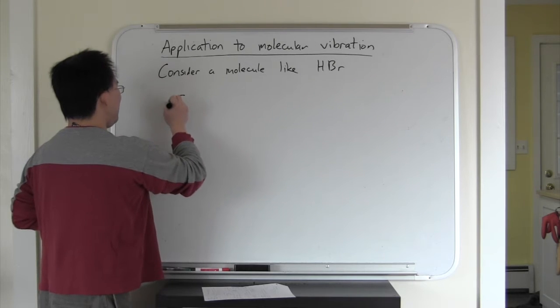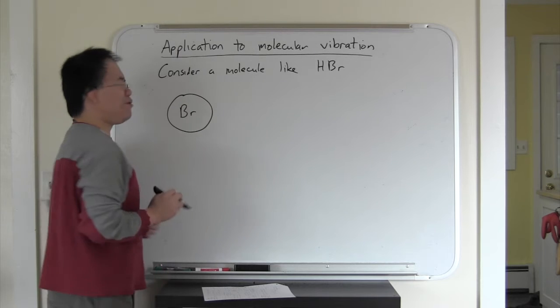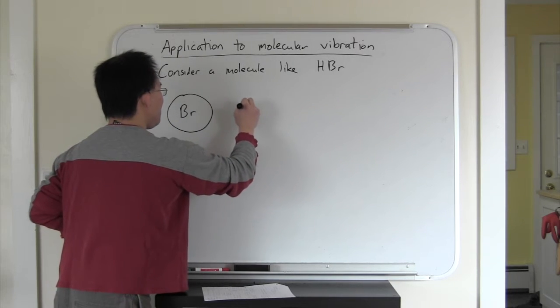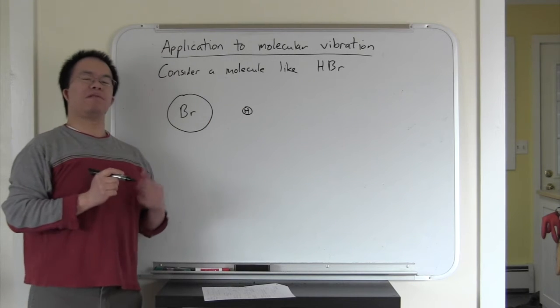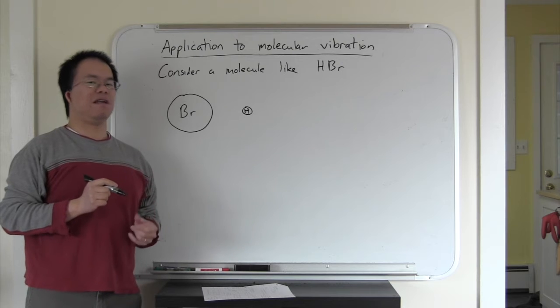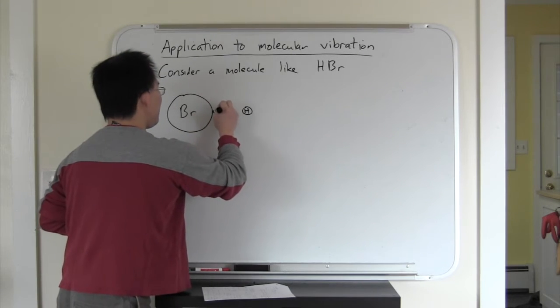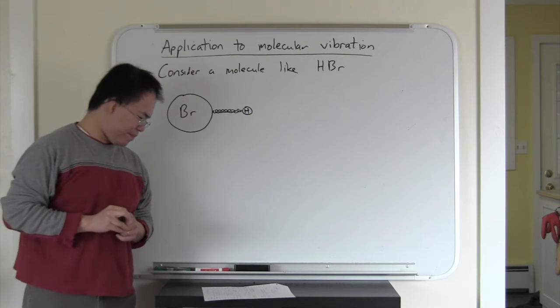It turns out the bromine is a much bigger atom, and then there's a much smaller hydrogen atom. And I can actually get away with representing their interaction very much like a spring. And so I'll draw a little spring between these two atoms.